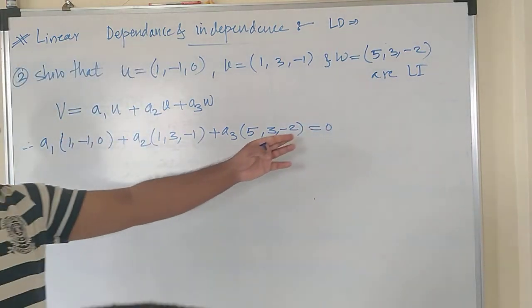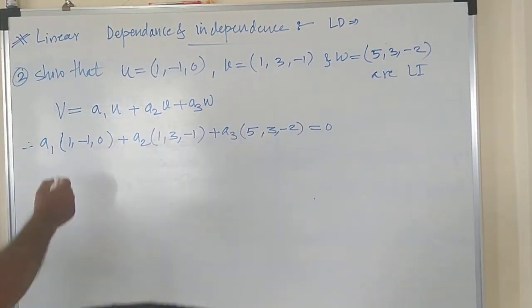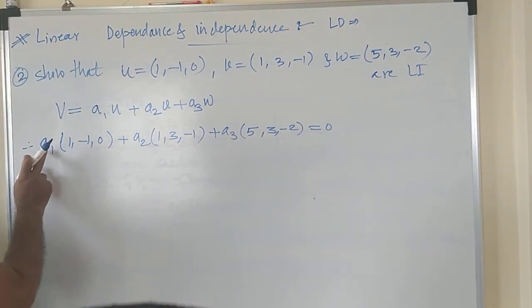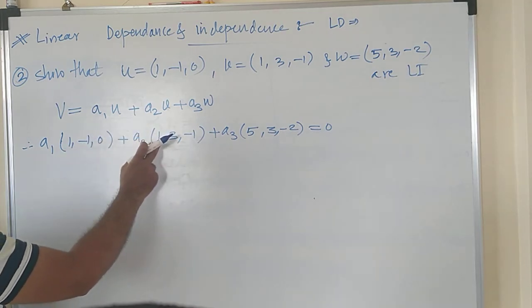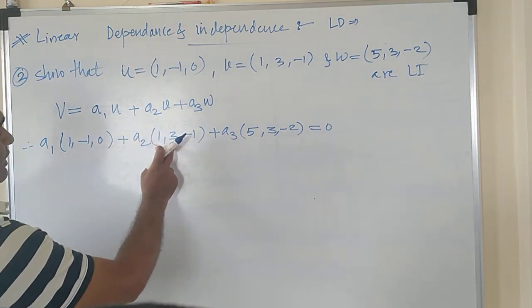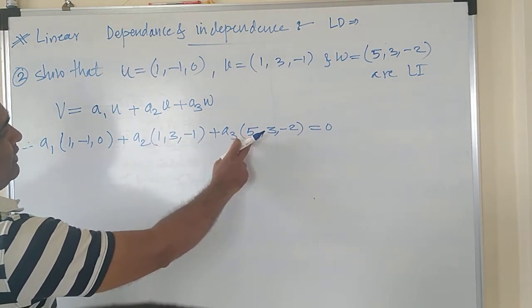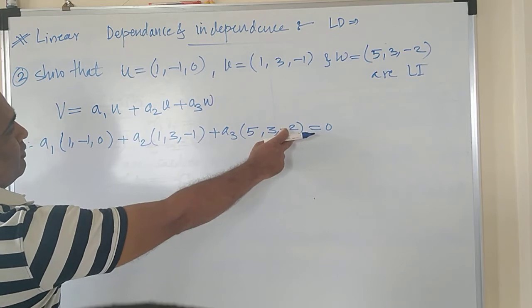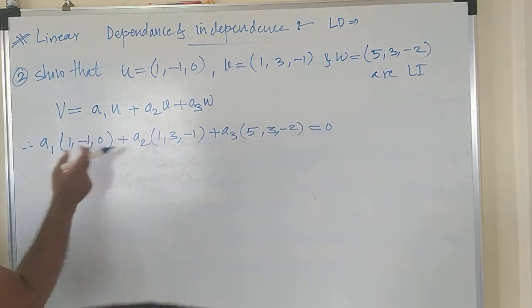Of course this 0 you can write as (0, 0, 0), right? And then compare. Now this will be (a1, -a1, 0) plus (a2, 3a2, -a2) plus (5a3, 3a3, -2a3) equals 0. I will write directly and add the equations.